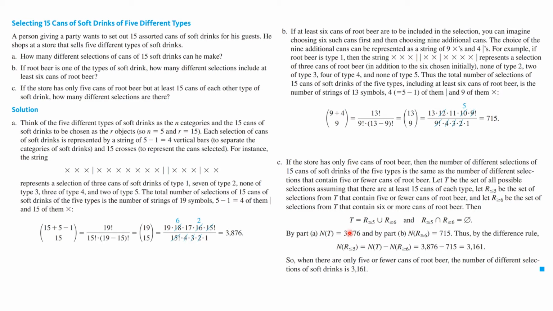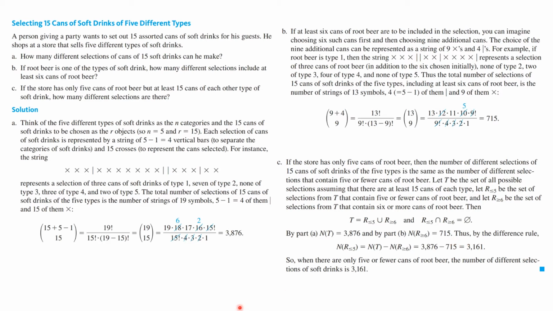Then T, which is the union of R sub less than or equal to 5 and R sub greater than or equal to 6, with their intersection being null. So by part A, we know there were this many elements in T. And by part B, there were this many elements in R sub greater than or equal to 6.